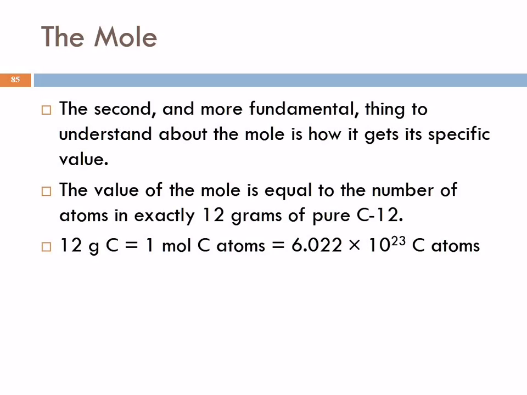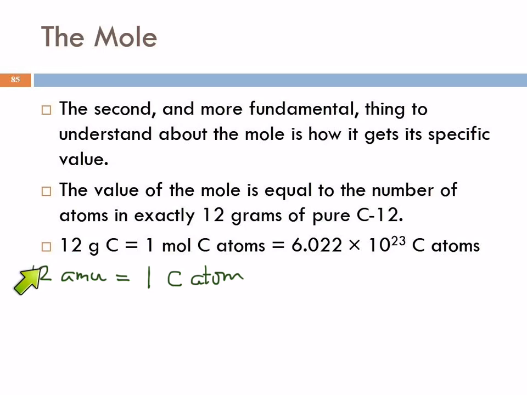How much does 1 atom weigh in atomic mass units? One carbon atom, not a mole of carbon atoms, but 1 carbon atom, how many atomic mass units? 12. 1 atomic mass unit is 1/12 the mass of carbon-12. 1 carbon atom is 12 atomic mass units. 1 mole is 12 grams.